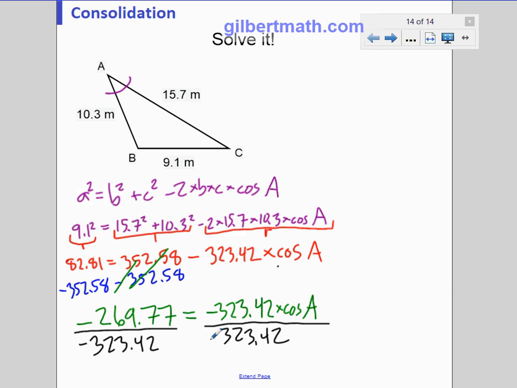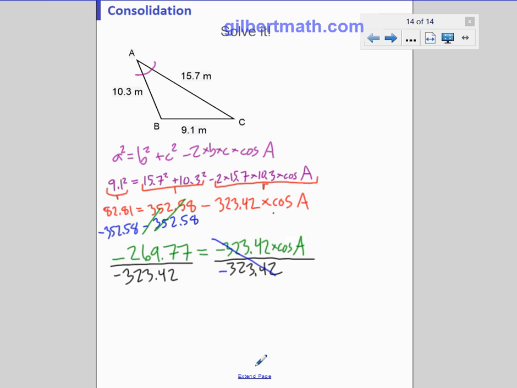Oh, I missed the negative sign here. That's important because these two fully cancel. On the left-hand side, I'm left with negative 269.77 divided by negative 323.42, which gives me positive 0.8341. A negative divided by a negative makes a positive. So 0.8341 is equal to cos A.